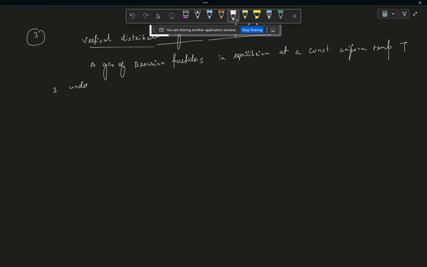gravitational force field, which is given by g here. Basically it means the gravitational acceleration. So under this gravitational field, the Brownian motion is present as a system, and we consider the system is isothermal. That means everywhere the temperature is uniform, and that is T here, let's say.